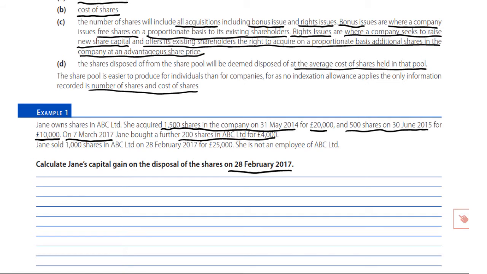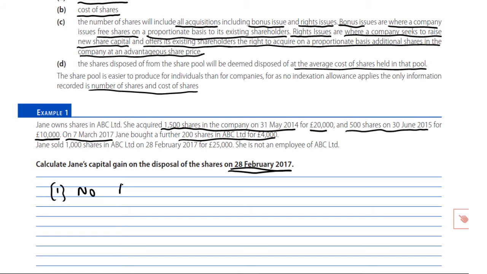Now, why is that such a critical date? Well, remember the rules that we go through. First of all, we match this disposal with any shares acquired on the same day. Well, the disposal was the 28th of February. Is there any item in that list of acquisitions dated the 28th of February 17? No, there isn't.